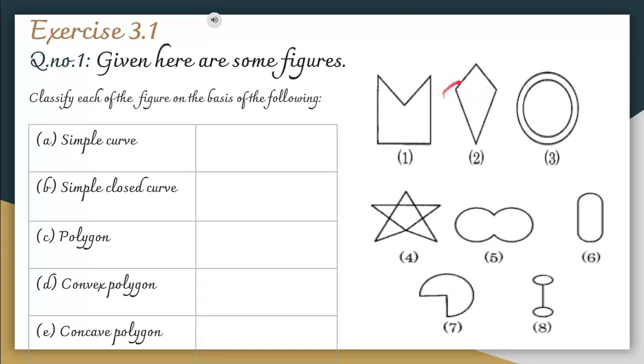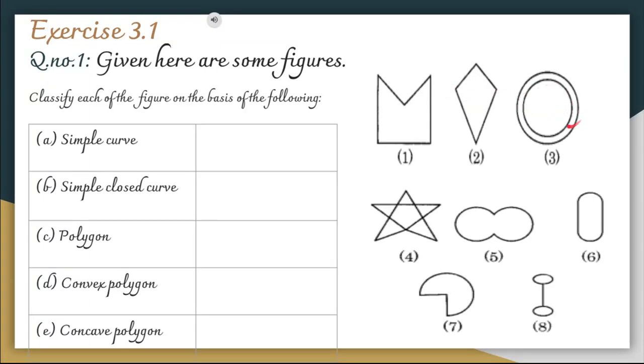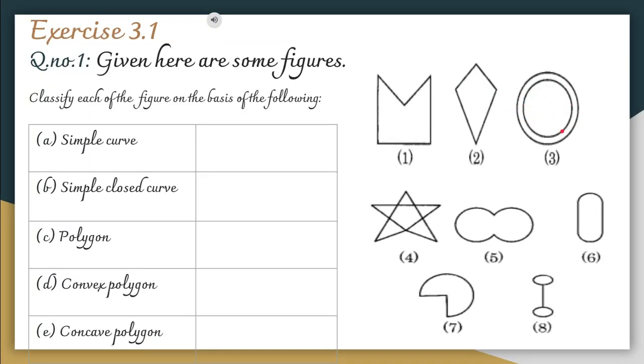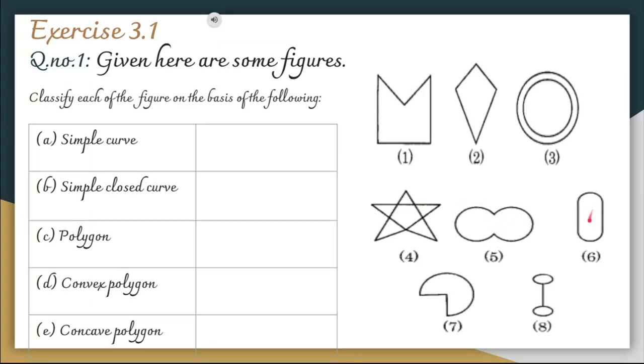Now third one, no, because two circles are given together. So that is why it is not a simple curve. Next one, that's also no, because that is crossing itself. Now fifth one, yes, it is a simple curve. Sixth one, yes, that is also a simple curve.